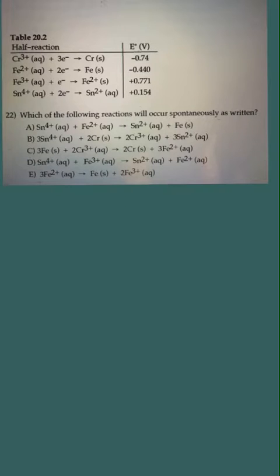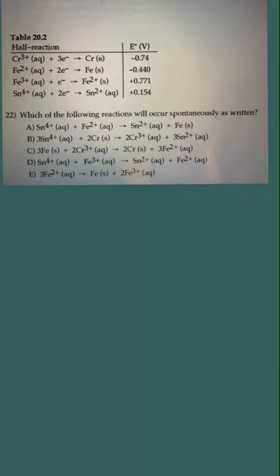For choice C, there are two reasons why we can eliminate it as an answer. First of all, if we looked purely at the E reduction values, the E standard reduction for iron 2 plus is more positive than the E standard reduction for chromium 3 plus.